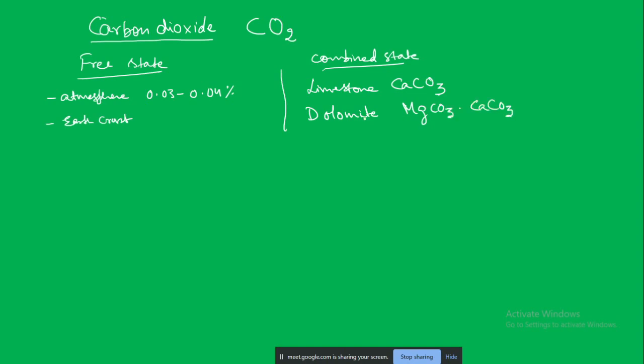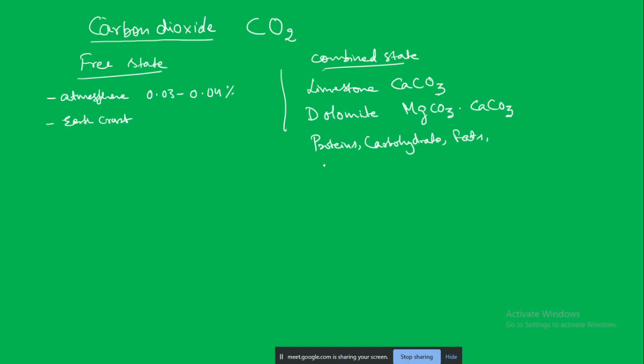So most of the minerals will be in this kind of combined form. It may also be in a combined form in proteins, carbohydrates, fats, nucleic acids, vitamins, and so on, all these biomolecules.